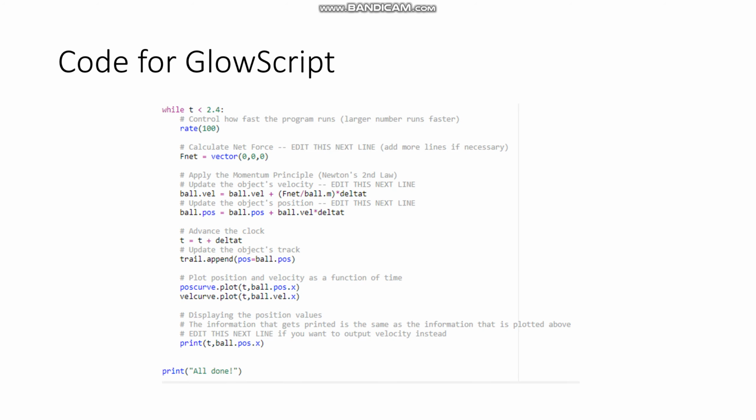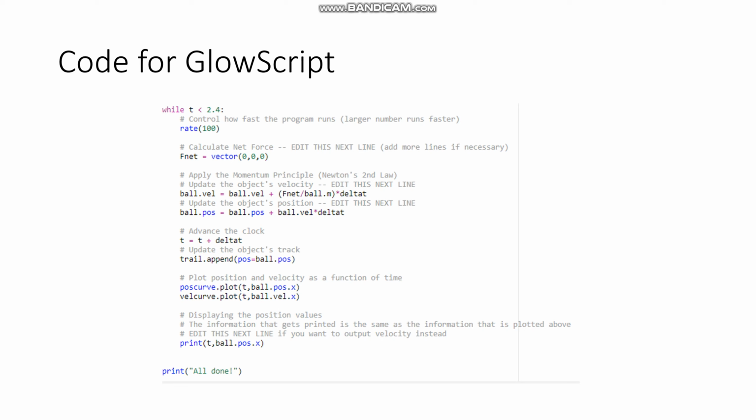So then, moving on in GlowScript, we need to actually work on our model. What I did was set while t is less than 2.4, since that's the total time of the movement. Then we need to calculate the net force, but we want this to be 0 so we have a constant velocity.